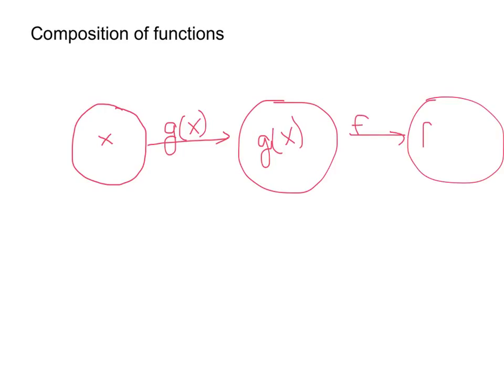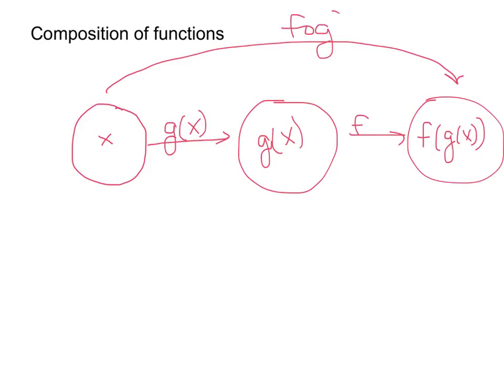And we end up at the very end with f evaluated at g of x. And the idea is when we start at x and go all the way to this last bubble, this is what we call f composed with g of x, or our composition of functions.